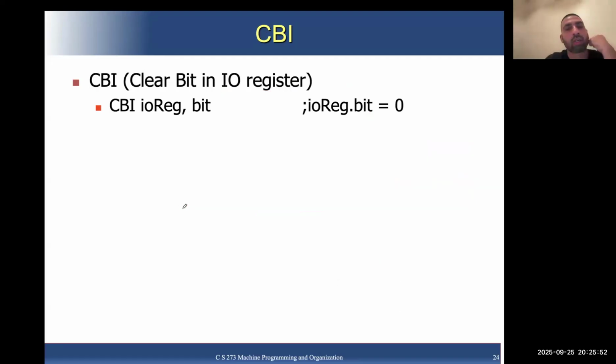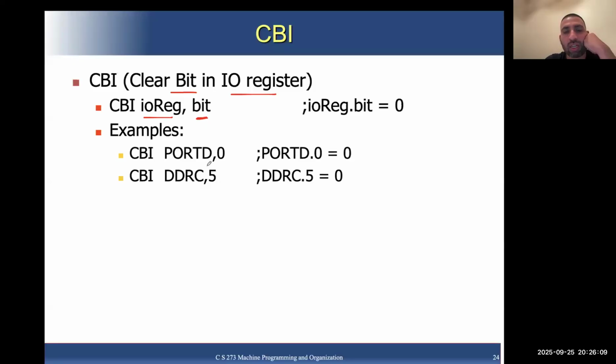Okay, clear bit, CBI, is actually the opposite of the SBI instruction. Instead of setting, you clear the bit in the IO register, and the syntax is otherwise the same: you provide the name of the register and the index of the bit. For example, CBI PORTD, 0 means I have the 8-bit register PORTD and I clear its bit at index 0.